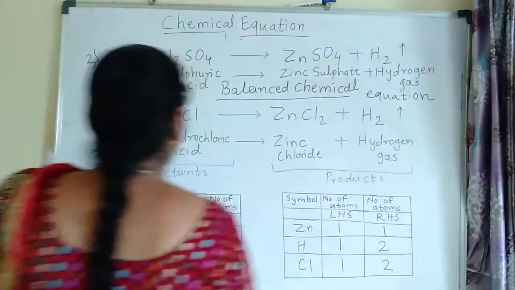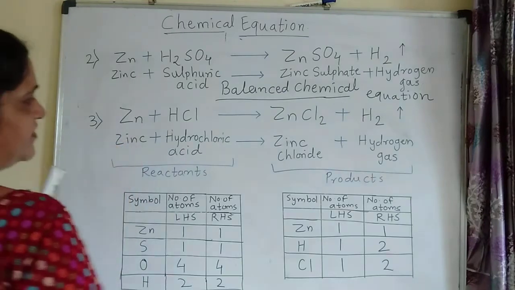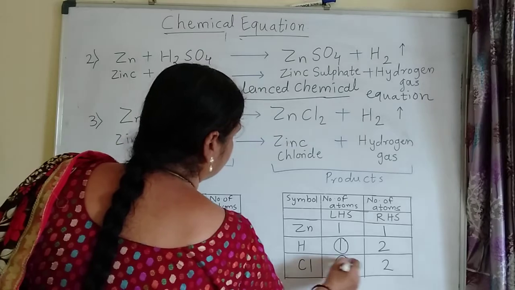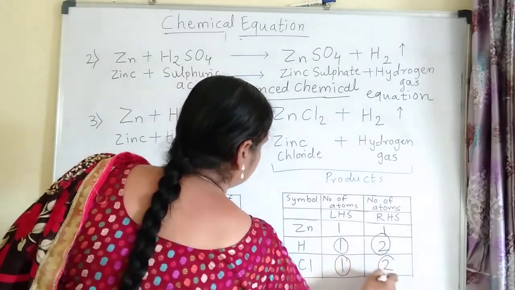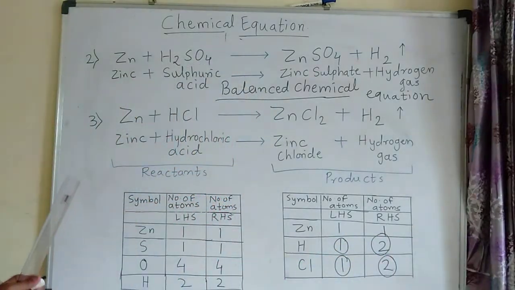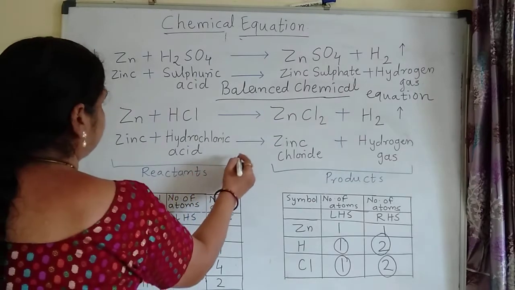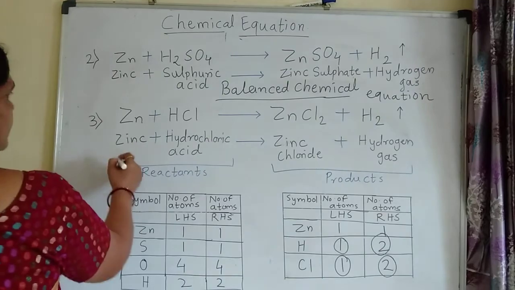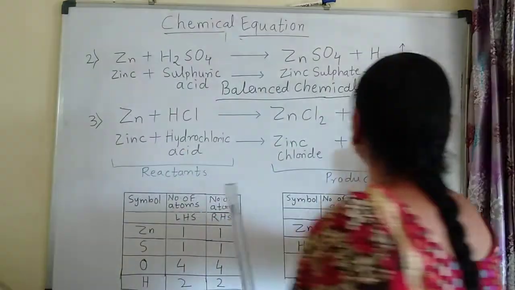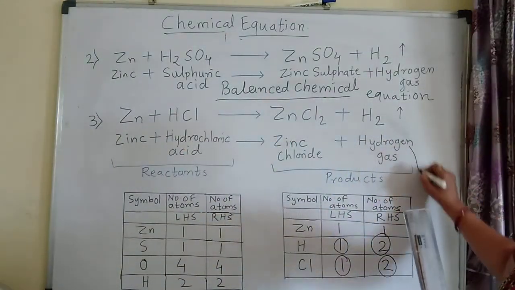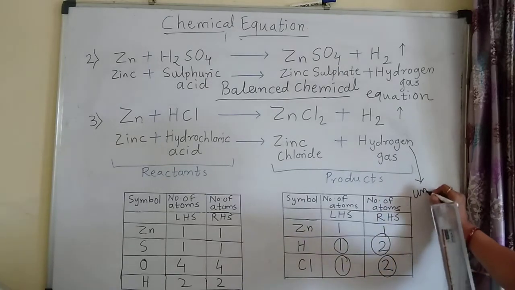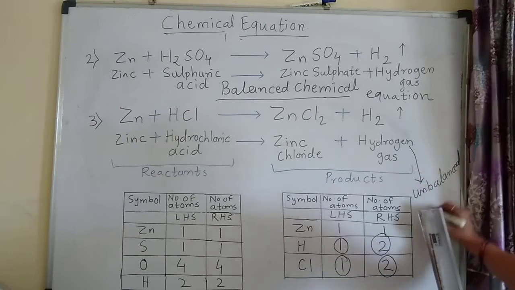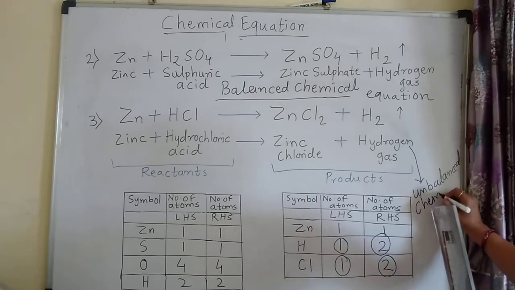But for the third reaction we are getting these numbers different. For hydrogen and chlorine these numbers differ. That is why this equation is an unbalanced chemical equation. I will write it here as unbalanced chemical equation.